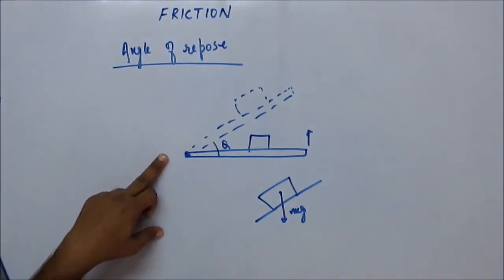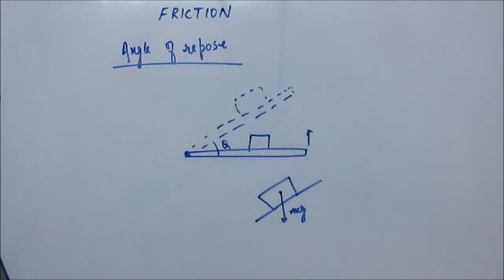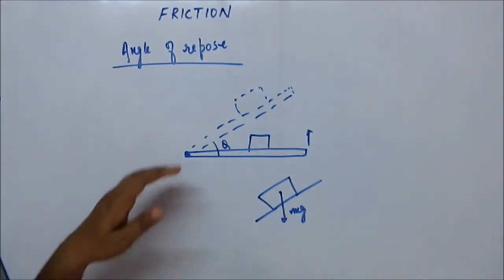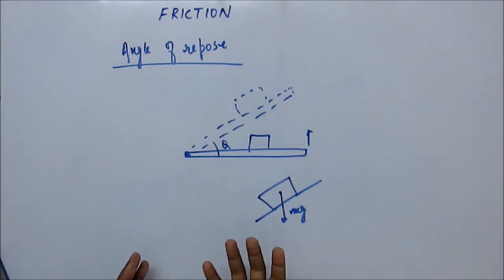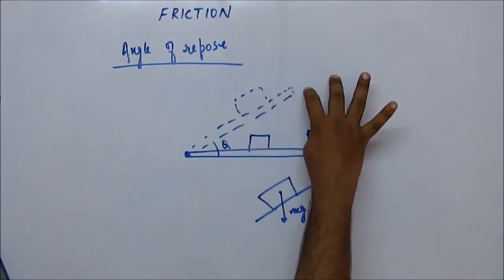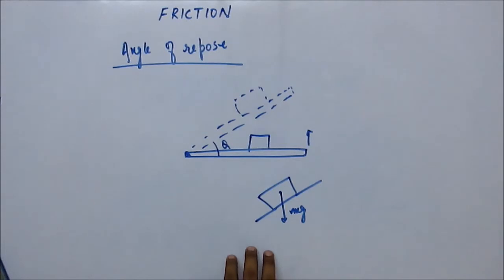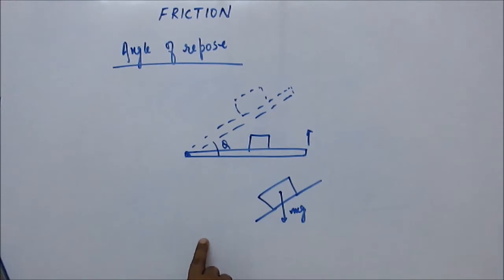Now the friction force at that very moment when it just begins to slide will be just opposite to the force which is pulling it downward. That means if the block has a tendency to come downward, then the friction will try and avoid the relative motion that is impending. That means friction will act in upward direction. To find the direction of friction, you should always consider that suppose there is no friction, then in whichever direction the motion is happening, the friction will be acting opposite to that direction, because as we have discussed before, friction tries to oppose the relative motion.